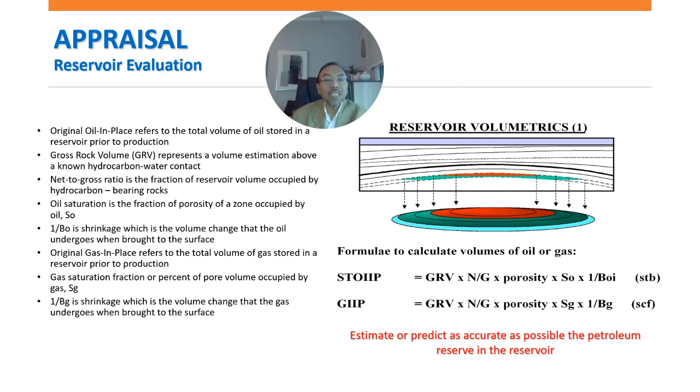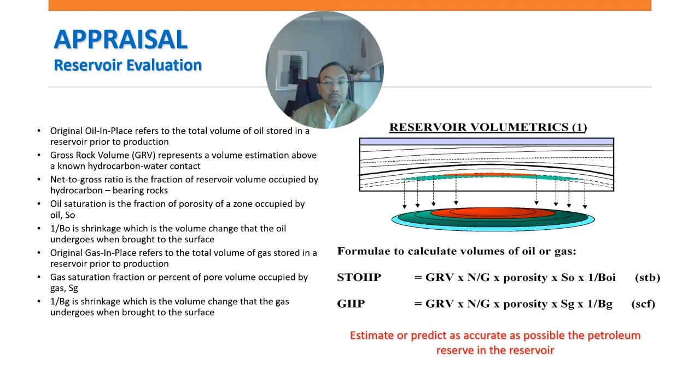Original oil in place refers to the total volume of oil stored in a reservoir prior to production. Gross rock volume, GRV, represents a volume estimation above a known hydrocarbon water contact. Net to gross ratio is the fraction of reservoir volume occupied by hydrocarbon-bearing rocks. Oil saturation is the fraction of porosity of a zone occupied by oil.